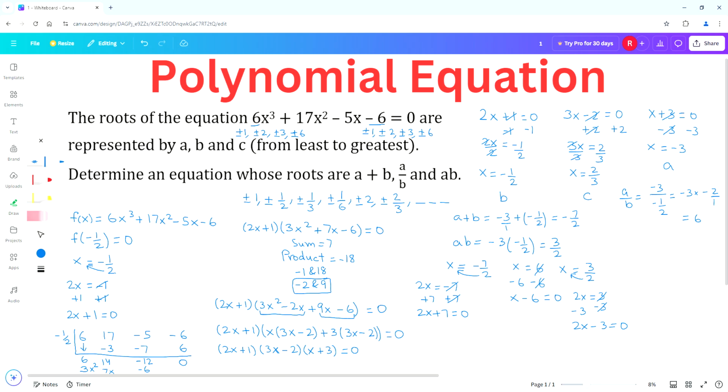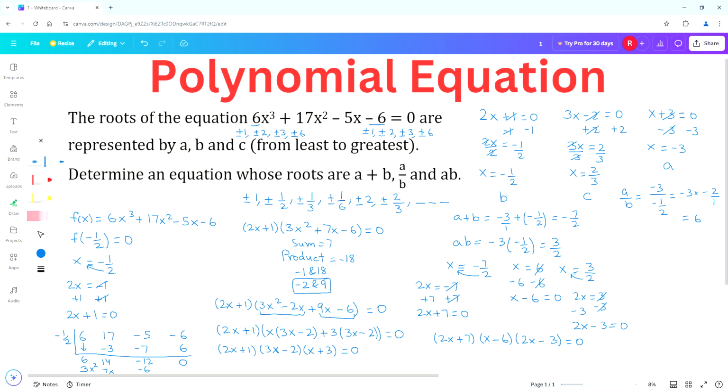Now we can write the equation in factored form. This is the equation in factored form.